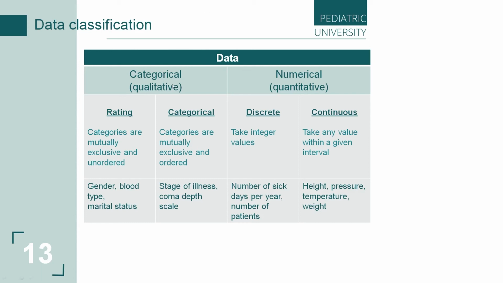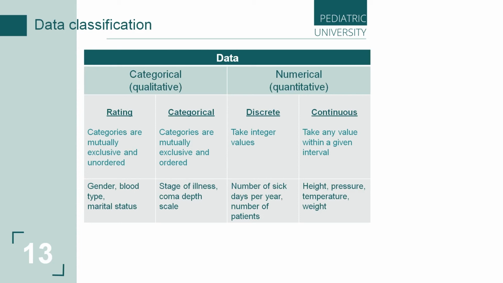Qualitative, categorical data can be nominal and ordinal, or rating and categorical, you can say. In nominal data, categories are mutually exclusive and not ordered, meaning you can't be in two categories at the same time, and the categories are not ordered.